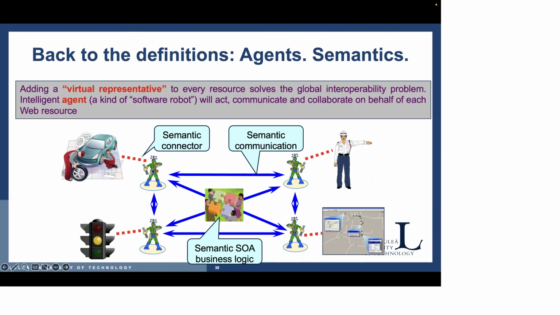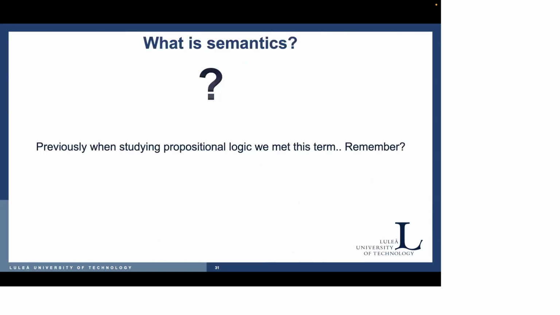This resource should have attachment to the physical entity. They should be able to communicate, so there should be some communication environment and protocols to exchange the information. And semantics: there should be some common representation of the knowledge to be exchanged.